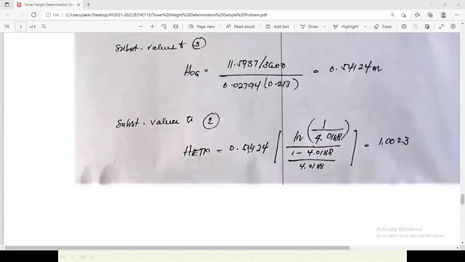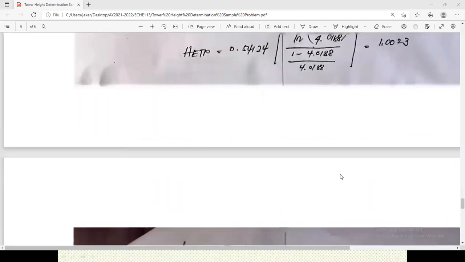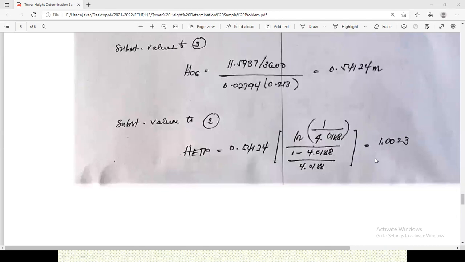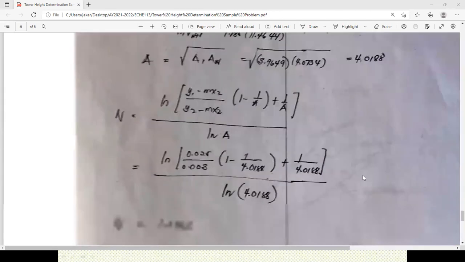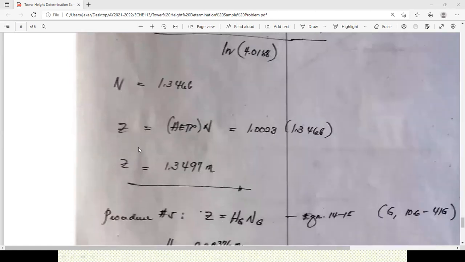In that sense, it's done here. You have the HOG, and you have here the gas absorption factors. This one here is already substituted to get the HETP. The HETP, when multiplied by the N, will give you the Z.